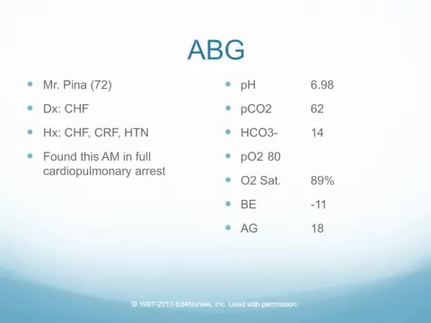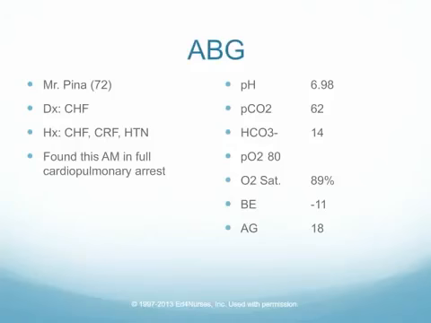So following the 6 easy steps to ABG analysis, we first look at the pH and we ask, is the pH normal, acidotic, or alkalotic? And in fact, this pH is very low, which means it's acidotic. So we have a severe acidosis going on here. So where's that acidosis coming from? Well, let's take a look at our CO2 and our bicarb. Our CO2 is elevated at 62. A normal value is 35 to 45.